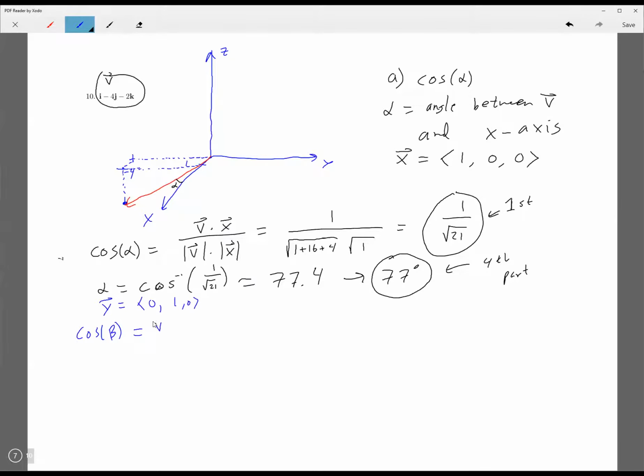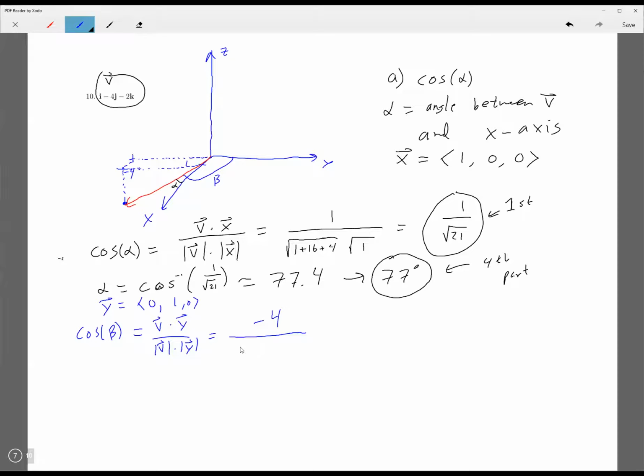Okay, and then we have v dot y over the magnitudes of v and y. Okay, and then beta is going to be the angle between this and the y-axis. That angle there. Okay, so that's going to be a -4 in the numerator.